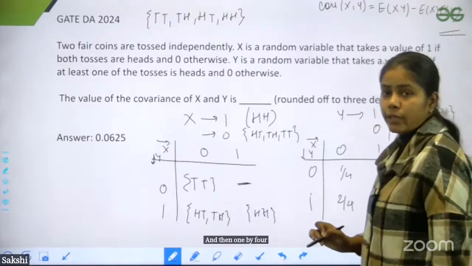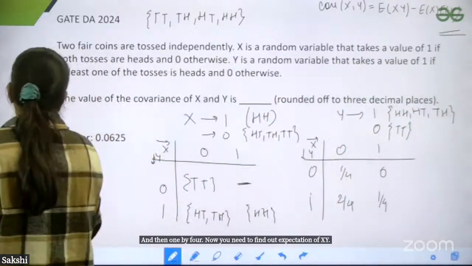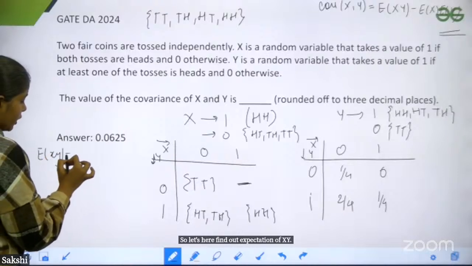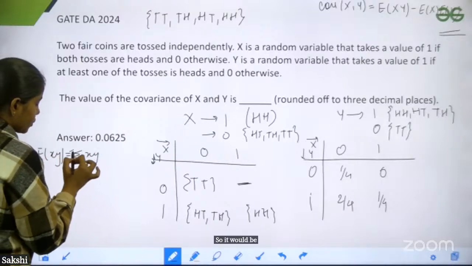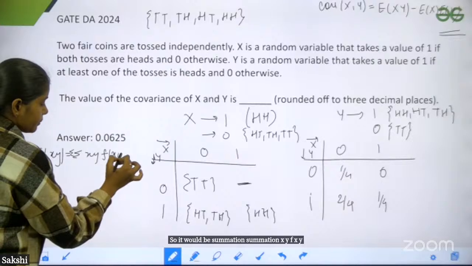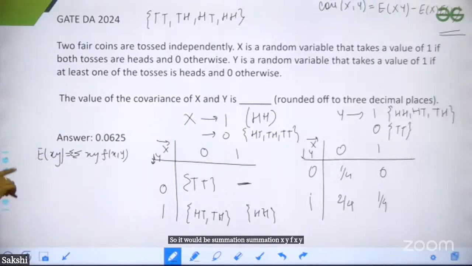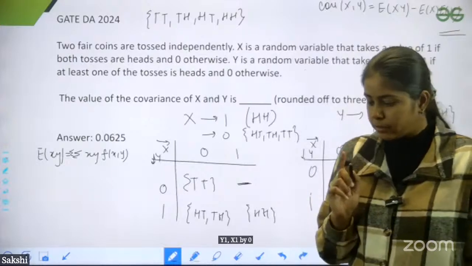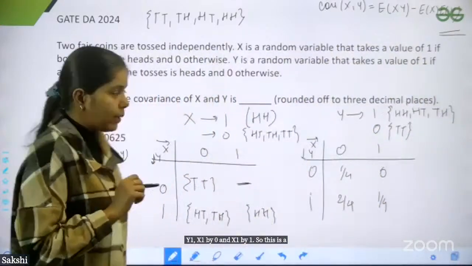Now you need to find out expectation of xy. So let's find out expectation of xy. It would be the summation of x y f of x y. So x0 y0, x0 y1, x1 y0, and x1 y1 are the values x and y can take.